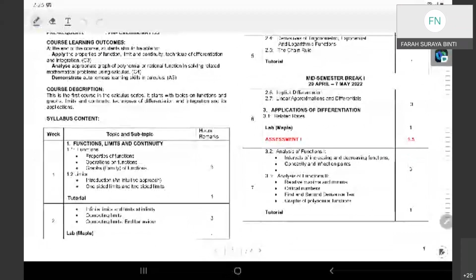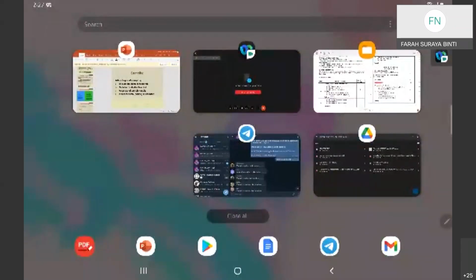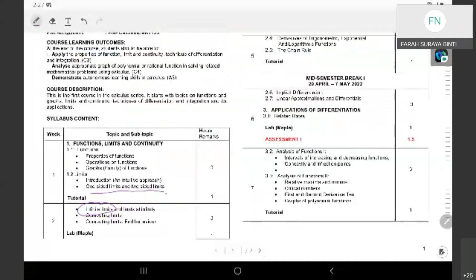Ikut SOW, in this week, kita akan masuk sampai sini. 1.1 functions and then 1.2 limits until one-sided limit and two-sided limit. Infinite limit untuk next week. Okay. So sampai sini saja untuk minggu ni, kita akan sampai yang ni je lah yang saya underline ni.